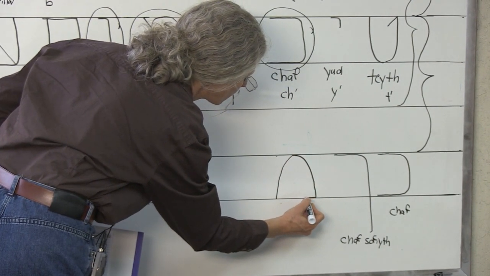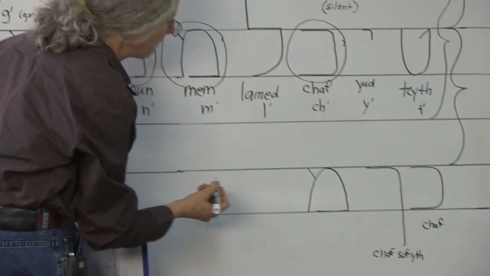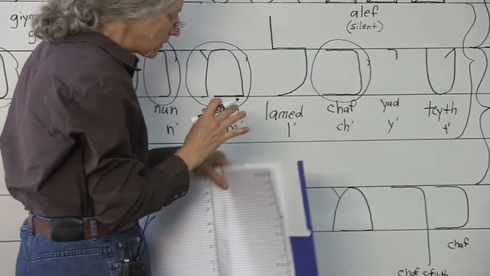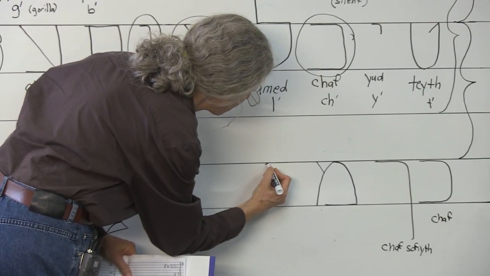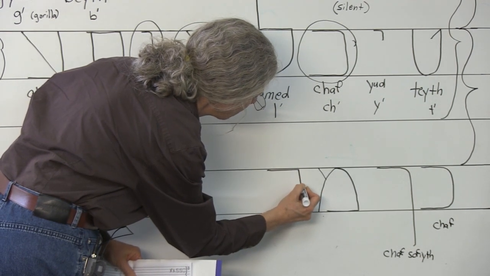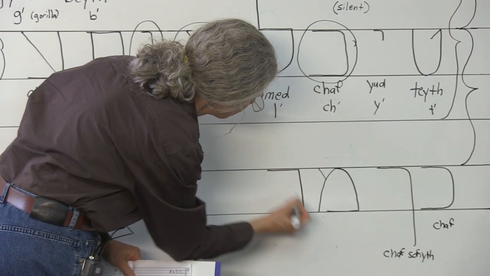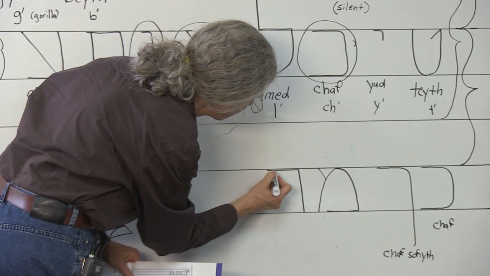The Mem, so I'm going to write the Mem in its normal form when it's inside of a word. Okay, that's a Mem with a little chimney. Then a Mem Sofyth actually turns into a box. It curls up. So you go across, and then you're going to go straight down. Then you're going to go in a little bit, so you still have a little chimney, but it's a sideways chimney.